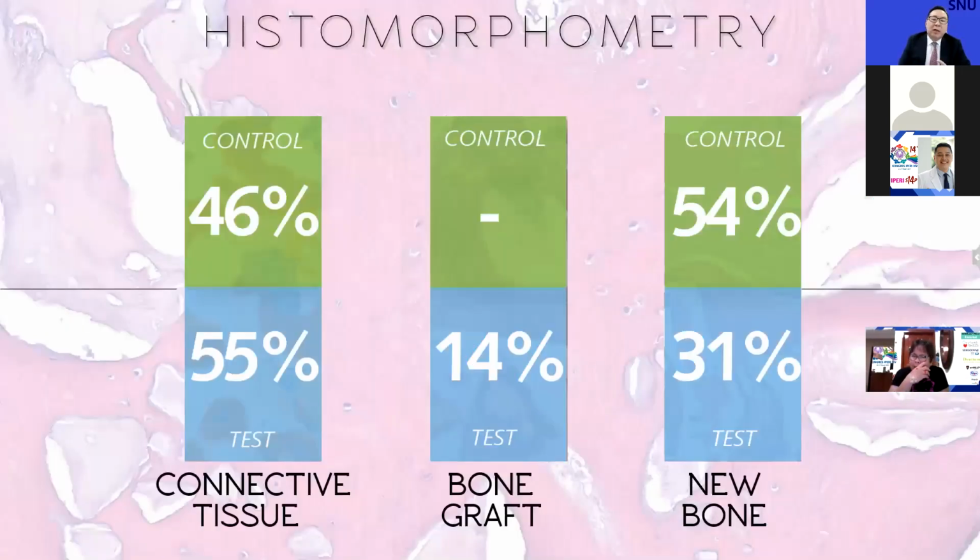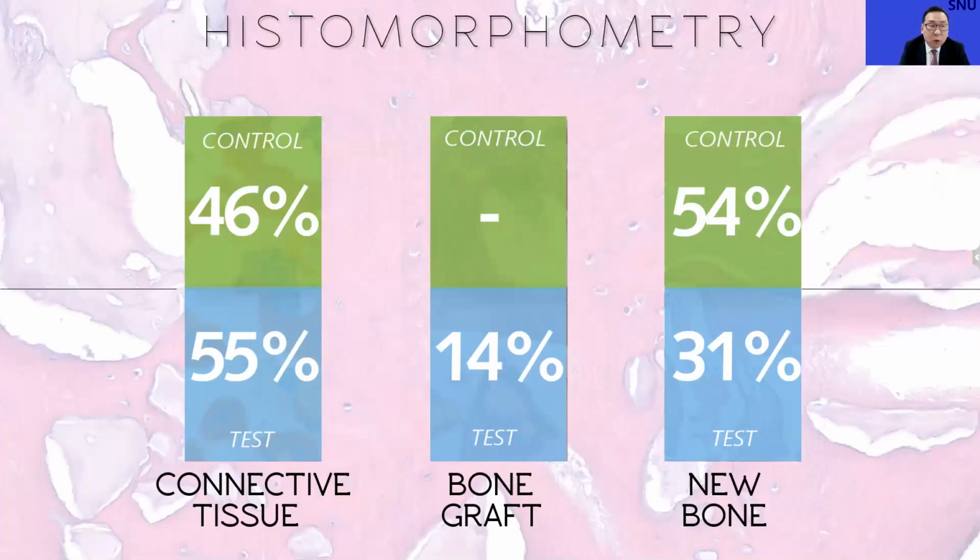And then when we look at the histomorphometry, this was quite remarkable. When we looked at the new bone formation, even in the control group and the test group, there was 31% of new bone formation in these types of compromised extraction sockets. So a very compromised situation, and we have 31% of new bone formation.